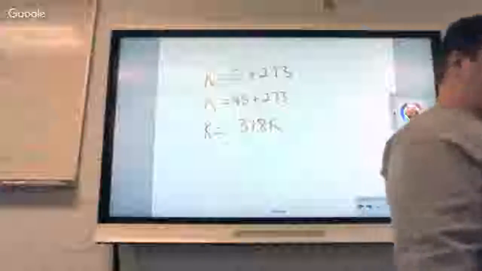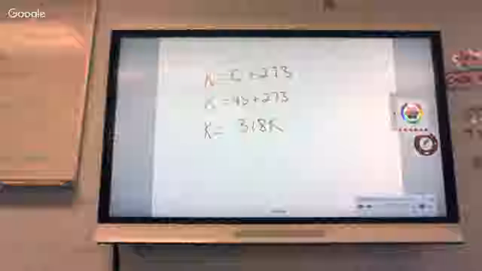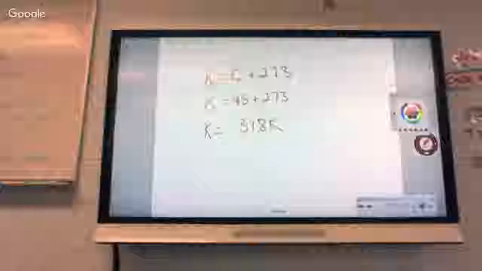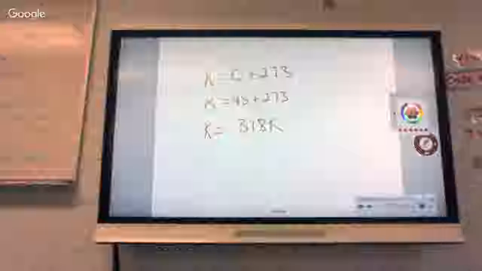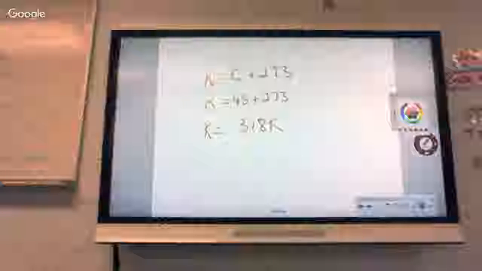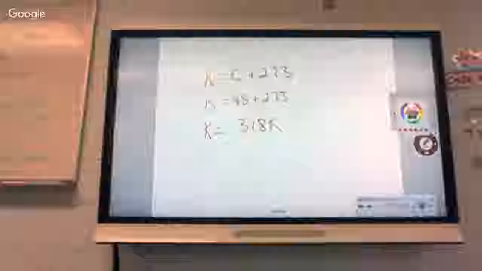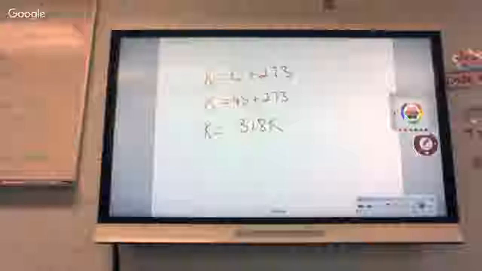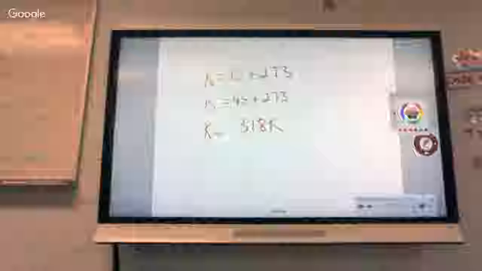Number 2. You should have an answer of 81.2 joules over gram degrees Celsius. Now, you need to round this for significant digits, so you get 80 joules over gram degrees Celsius.